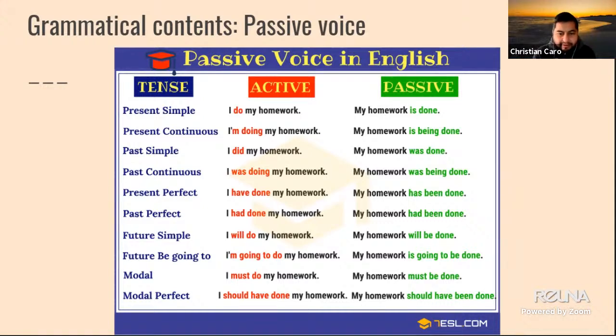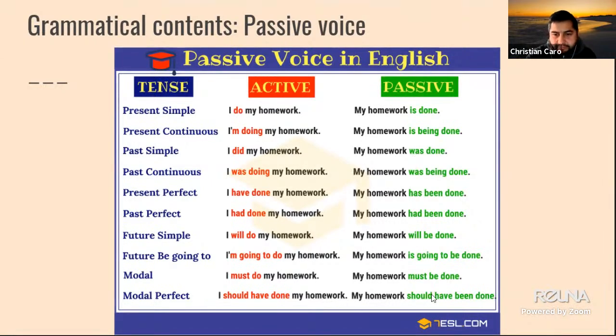All right. So one problem that I've noticed is that when we are going to transform from active to passive, some people change the tense, but we don't have to change the tense in this case, right? We need to keep the tense. The problem is that we need to conjugate the verb to be with different tenses.